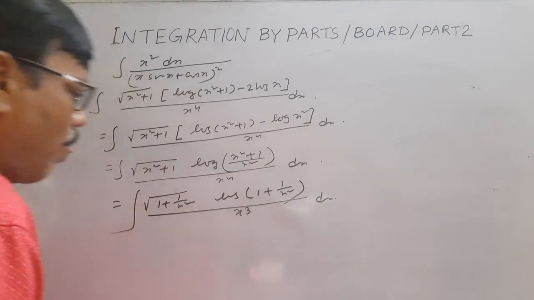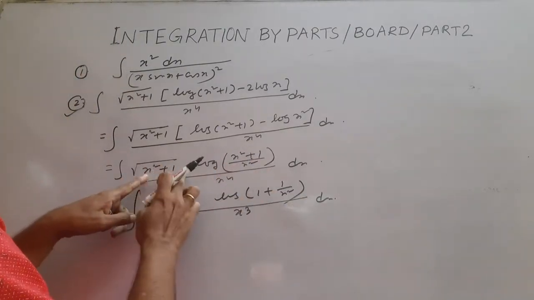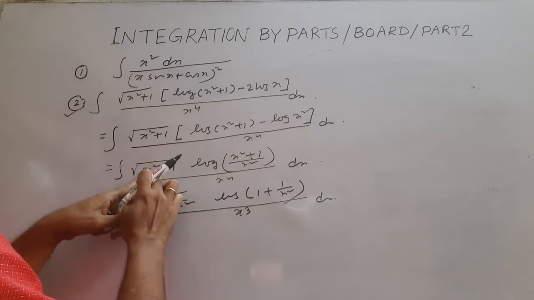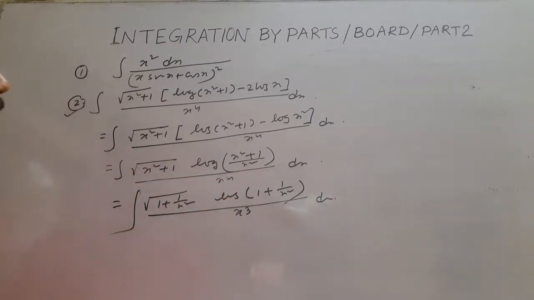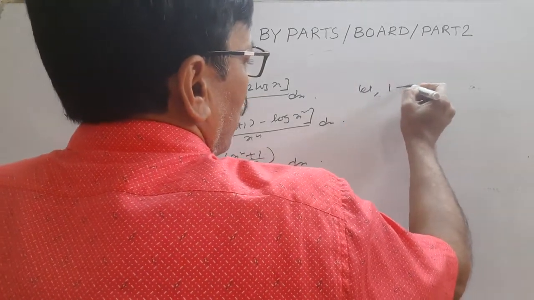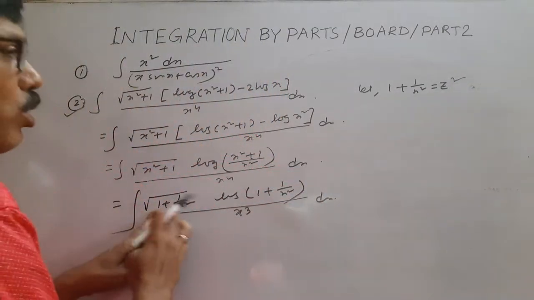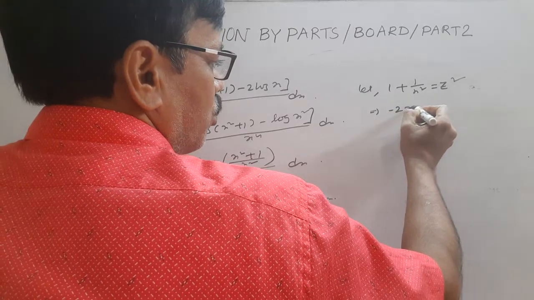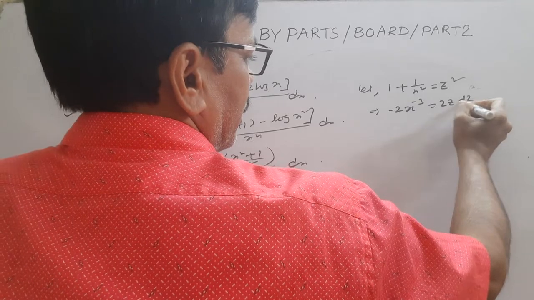To make it 1 plus 1 by x square, you have to divide by x square within root over x square, so this x square will be x. Then you put a transformation. Let 1 plus 1 by x square equal z square, this is within root over. So x to the power minus 2 into x to the power minus 3 equals 2z dz dx.